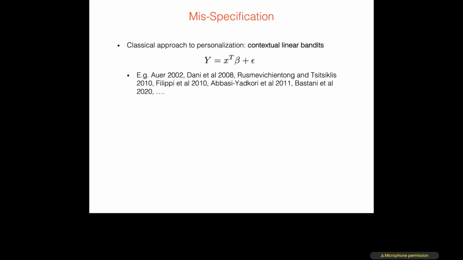So one way that I thought about this paper is as a misspecification model of the classical contextual linear bandit. If you told me you want to model how much people donate on GoFundMe, I would have said, why don't you just run a contextual linear bandit algorithm? You try to estimate a simple linear functional of the response, and that's pretty well known.